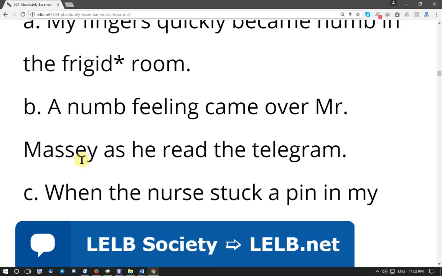Okay, Massey, as he read, remember it is not read, it is read because it is in the simple past tense. Read the telegram. Okay, so when he read the telegram, he became numb and senseless, because it must be really some bad pieces of news.